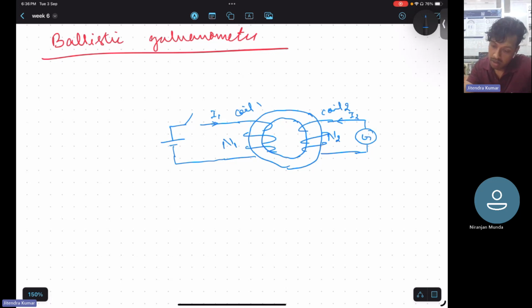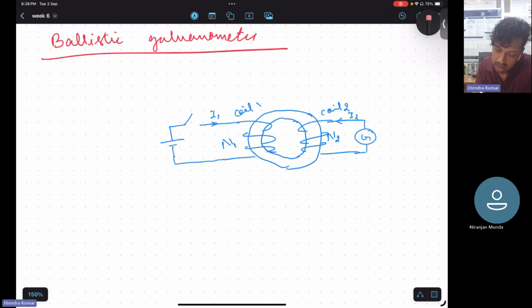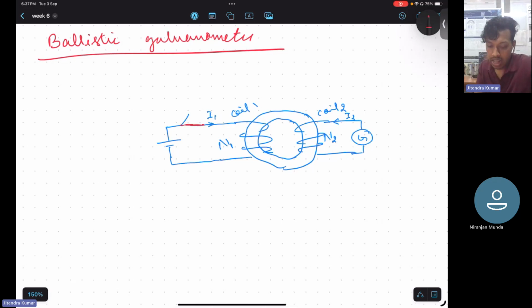Now, initially the switch would be connected, and because of the N1 I1 MMF, one flux would be established in the core, and because of N2 I2 also, if you rotate your thumb, it will give you flux in this direction.